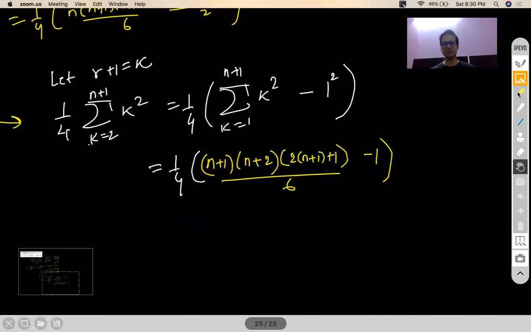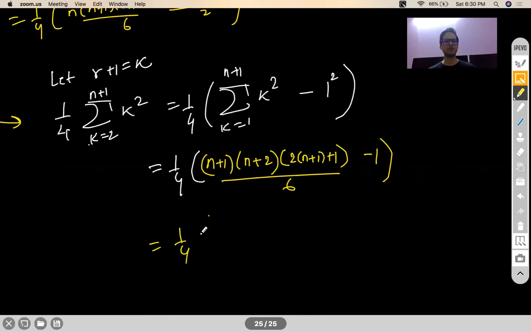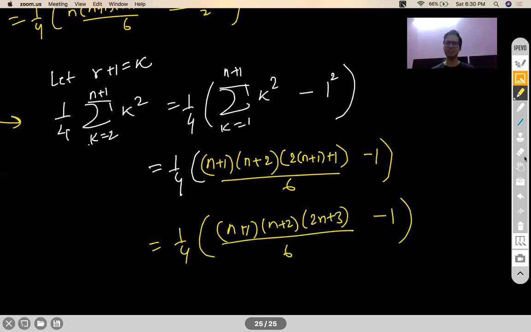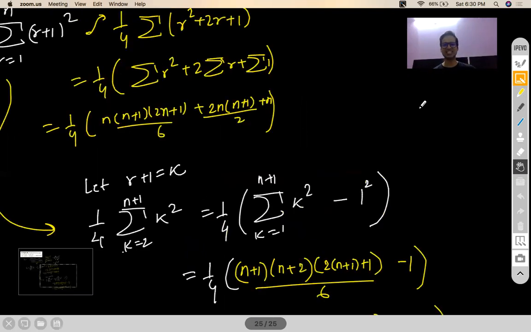Right? In other words, your answer becomes 1/4 of n plus 1, n plus 2, 2n plus 3 by 6 minus 1. Okay. So both of them will give you the same result. Don't worry. They may differ in the way they look, but they will give you the same result. Okay. So this answer and this answer would be the same.